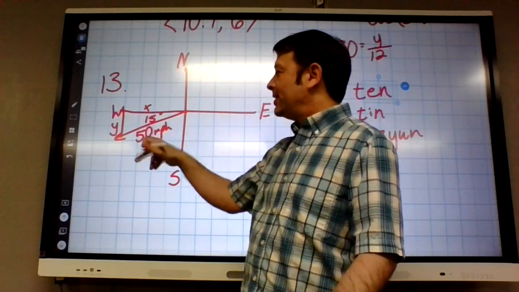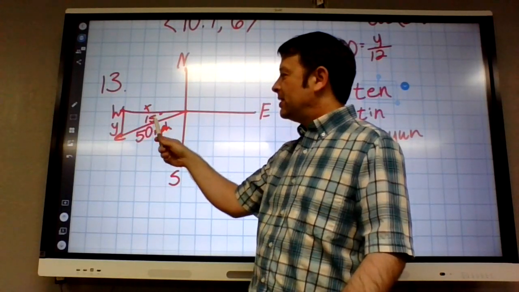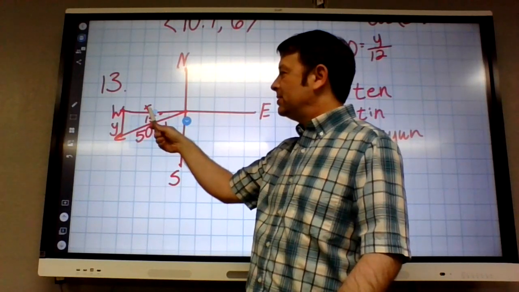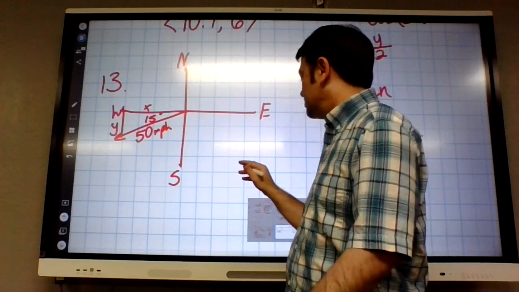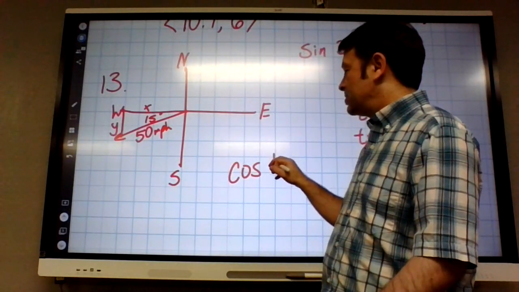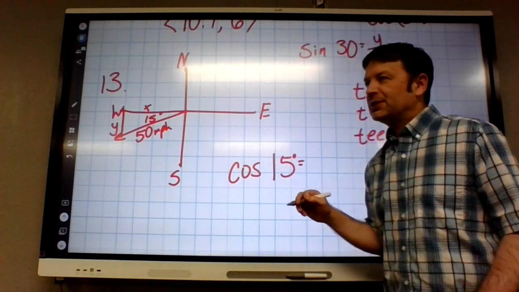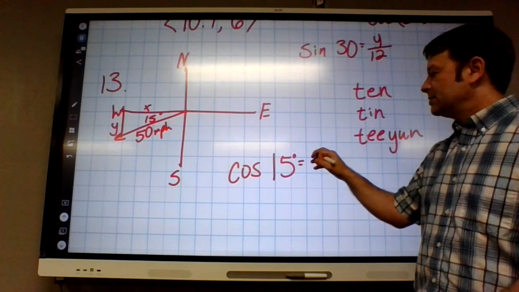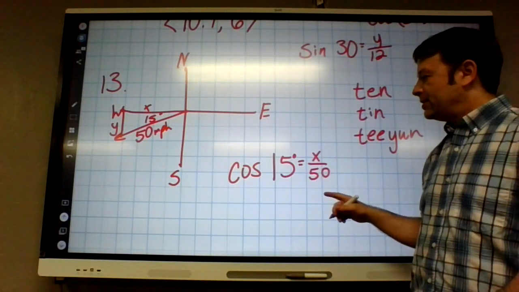Now, how do I find x? You use the angle, and we have the hypotenuse and the adjacent. Adjacent and hypotenuse uses what function? Cosine. So it's cosine of the angle equals adjacent, x, over 50. What are we going to plug in the calculator?